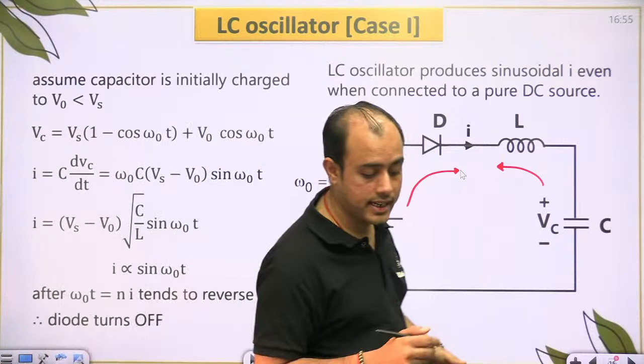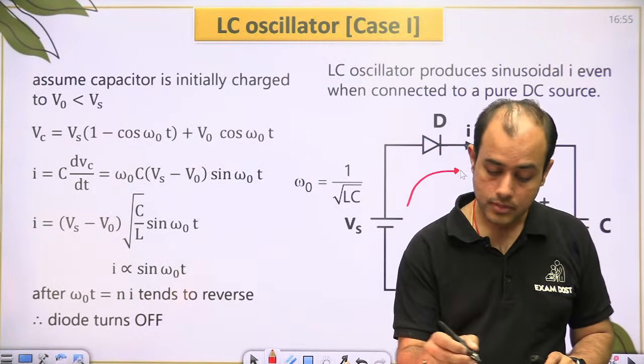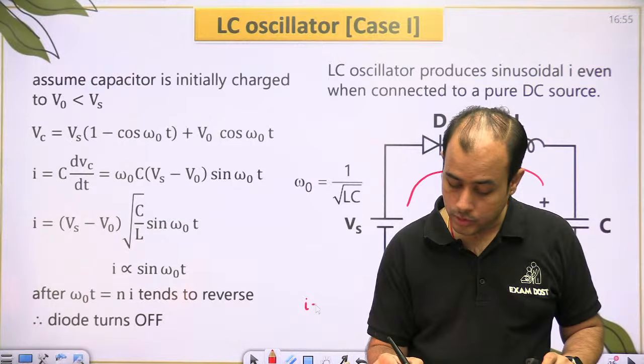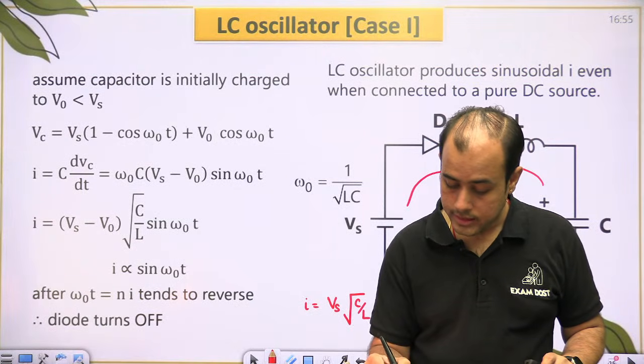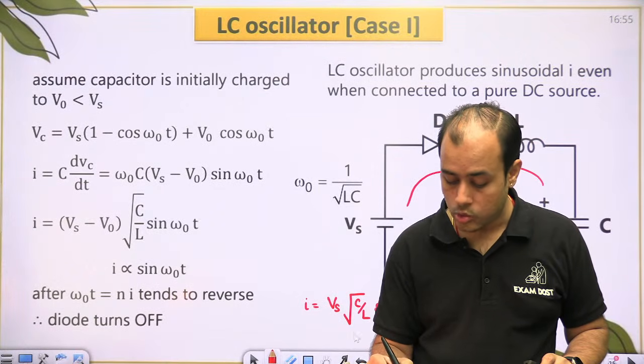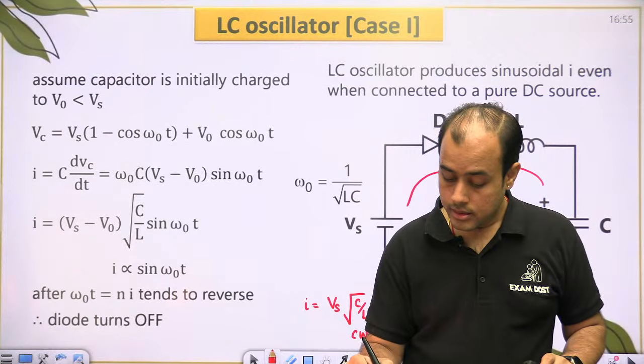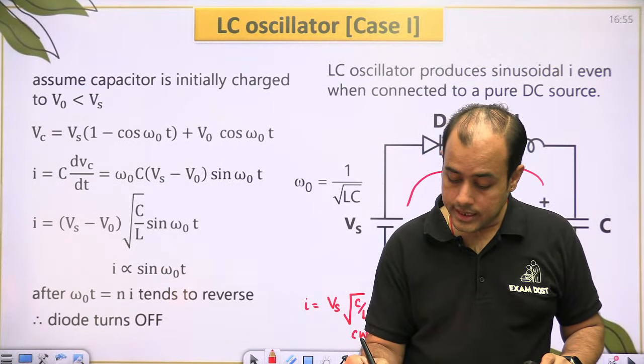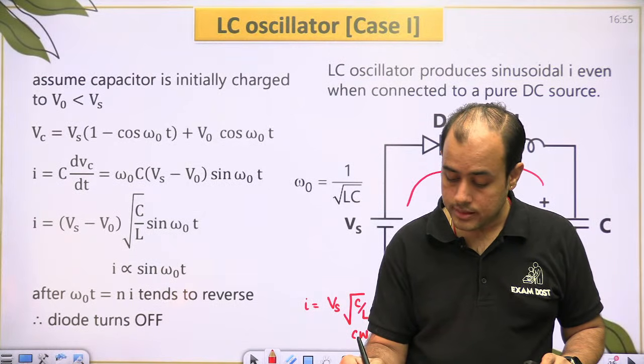So the first current would be Vs, this is clockwise, times root C by L to make voltage into current. And the second current will be anti-clockwise.